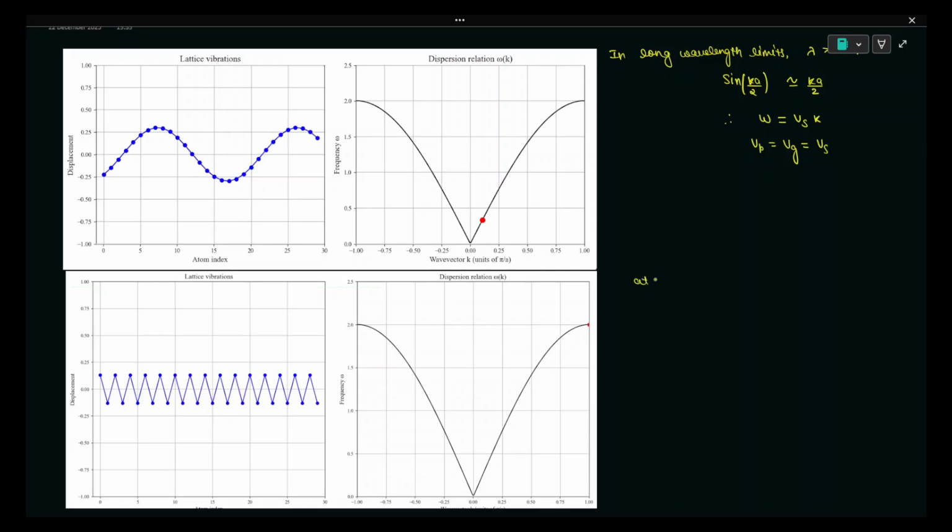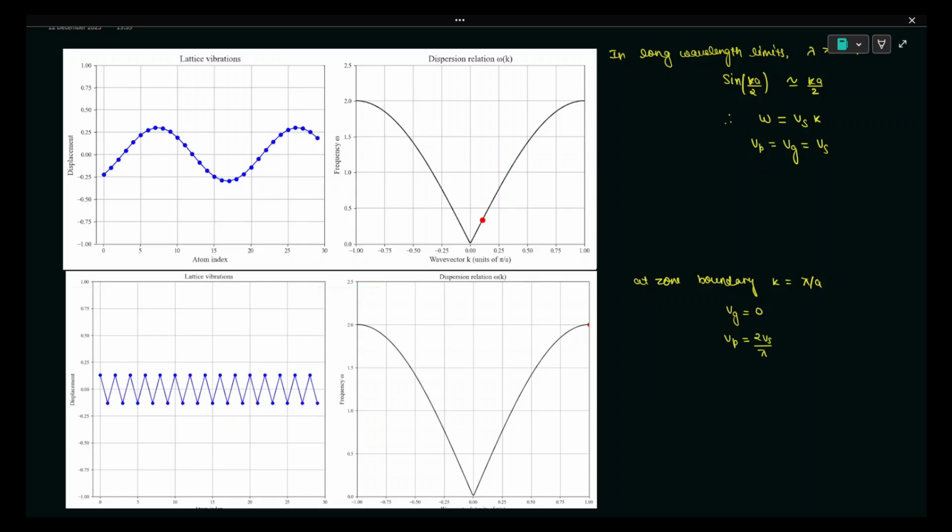While at the zone boundary, where the k value was pi by a, the dispersion relation gave the group velocity to be 0 and the phase velocity to be around 2 vs by pi.